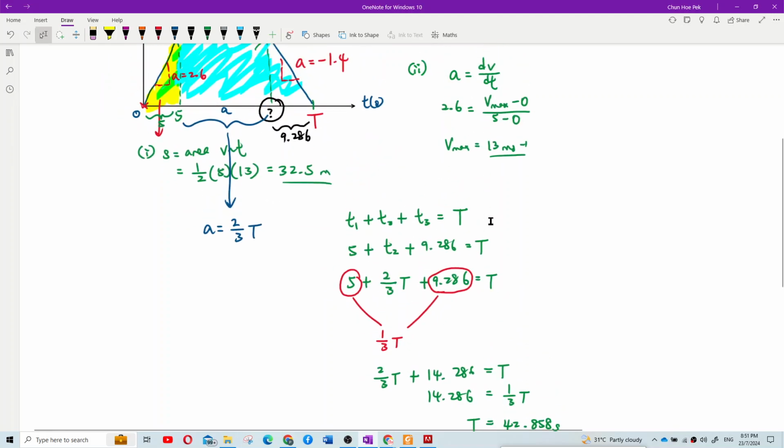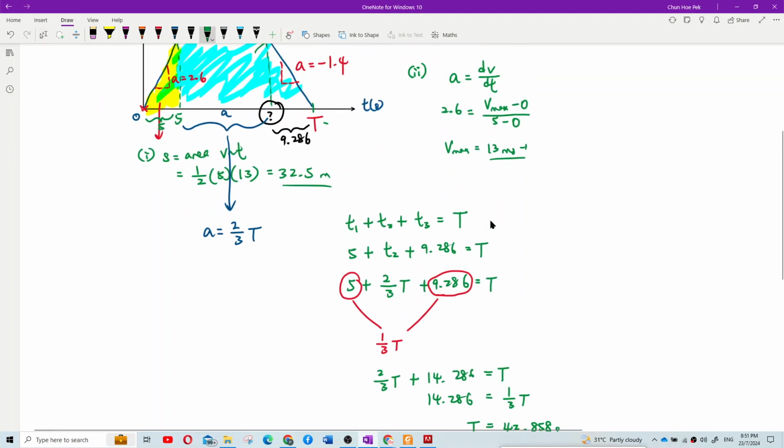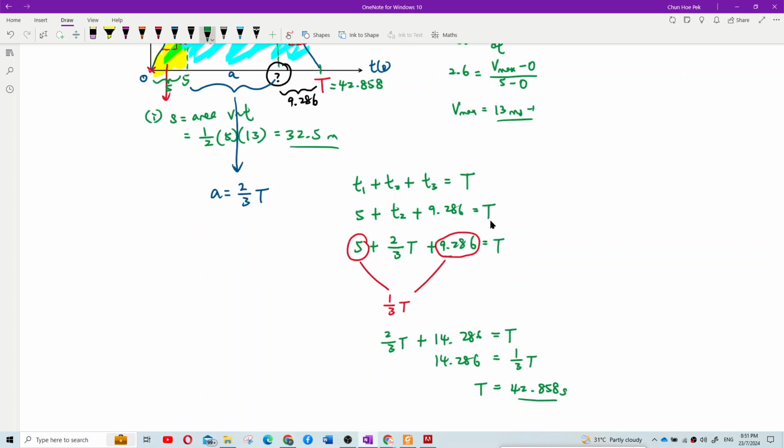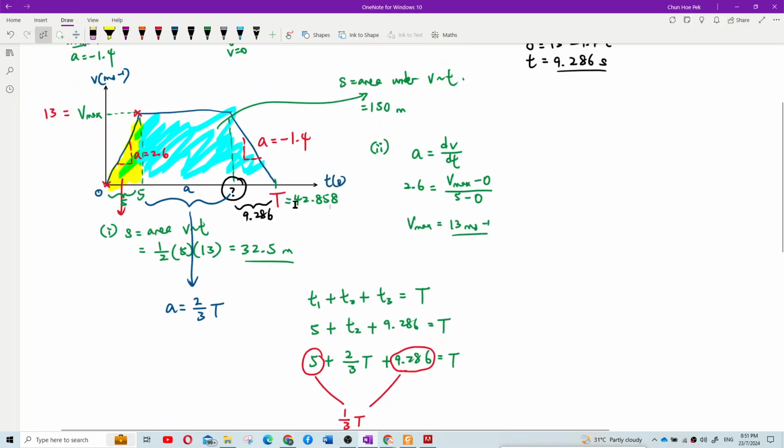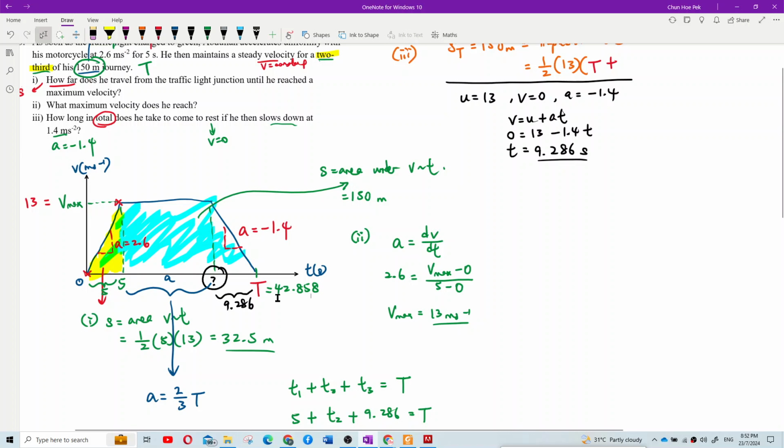The mysterious total time. So this is the total time, 42.858, class. Because this segment and this time add up together is 1/3 of the time. So the total time is this lah. So I can easily find this, class. So ini tolak yang tadi tu masa yang digunakan.